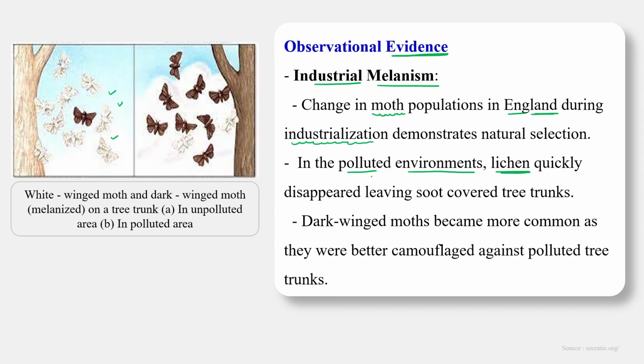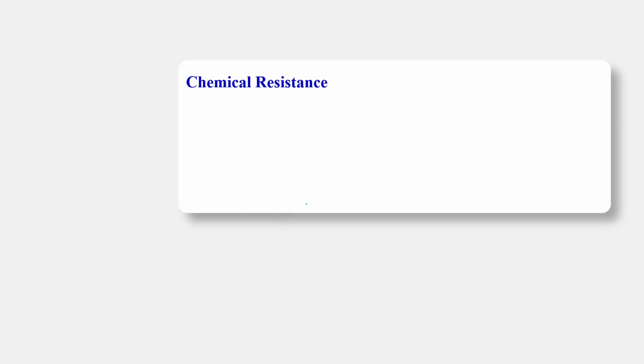The dark winged moths became more common as they were easily camouflaged against the polluted tree trunk, while the white ones slowly disappeared. Initially the number of white moths was greater than the black winged moths, right? So this is known as the industrial melanism example, an observational evidence which supports the idea of natural selection by the environment, and how evolution works.